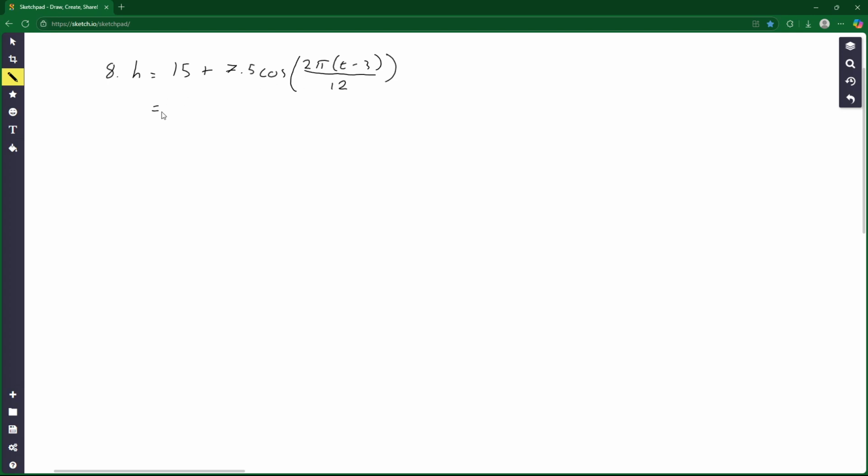This can be rewritten as 7.5 cosine 2 pi over 12 multiplied by t minus 3, plus 15.